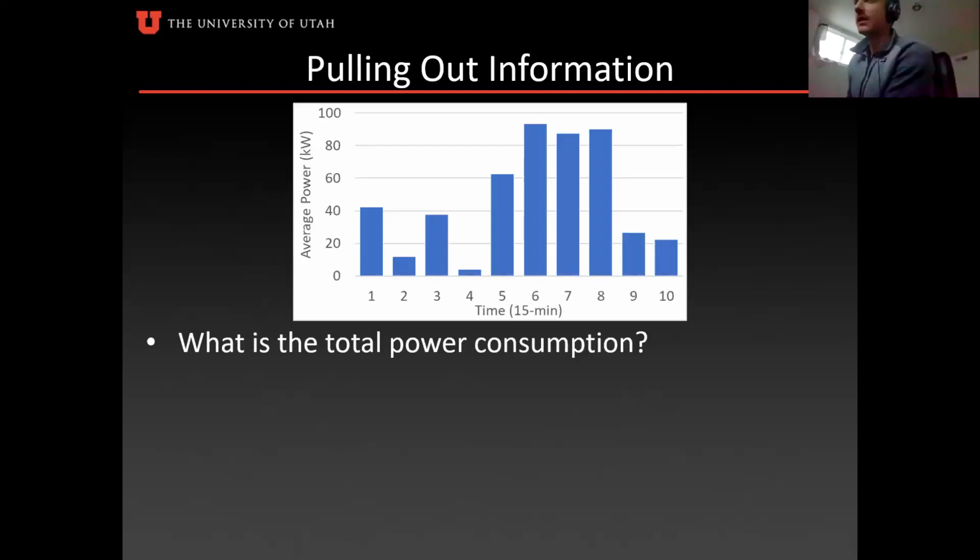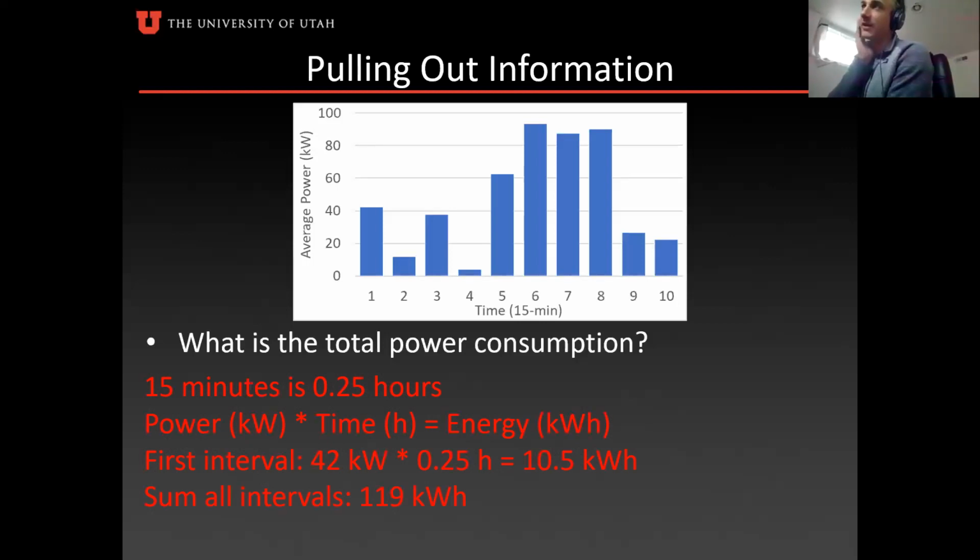Awesome. Thanks, Conrad. So there are kind of two ways to do it. I'll walk through the more roundabout way first and then talk about how Conrad did it, which is maybe quicker. If we have this 15-minute interval data, we know that 15 minutes is 1/4 of an hour, and we have the average power for each 15-minute interval, in this case in units of kilowatts.